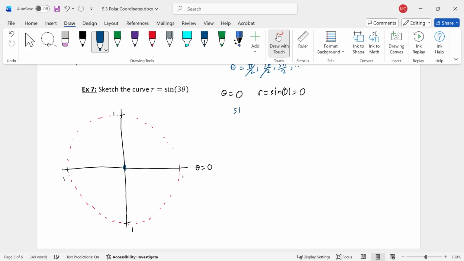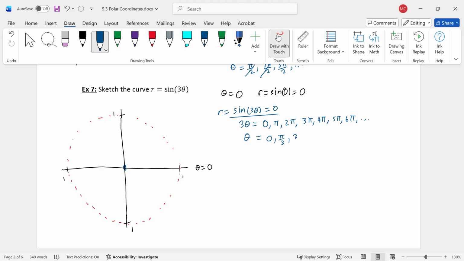So let's say, when is sine of 3 theta 0? What are all the places where r will be 0? It's going to be whenever 3 theta, whenever the angle is 0, pi, 2 pi, 3 pi, 4 pi, 5 pi, 6 pi, etc. I stopped at 6 pi because 6 over 3 is 2.